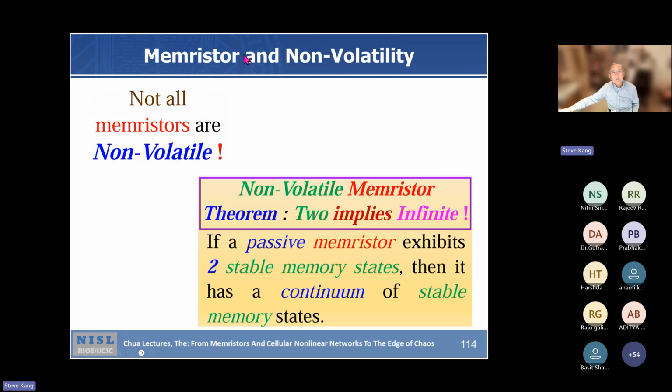So memristors and non-volatility: not all memristors are non-volatile. Non-volatile memristor theorem 2 implies infinite, meaning that if a passive memristor exhibits two stable memory states, then it has a continuum of stable memory states. So although we approximate a two-state memristor, in principle there are infinitely many memristive states.